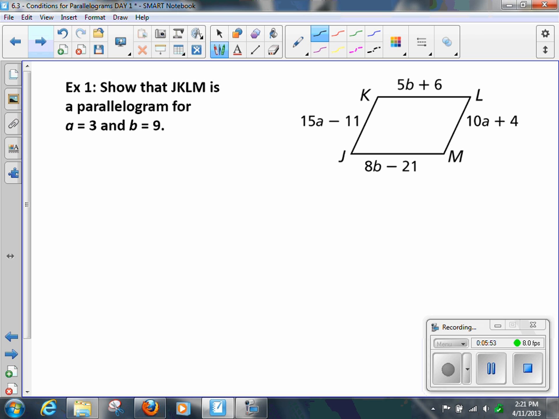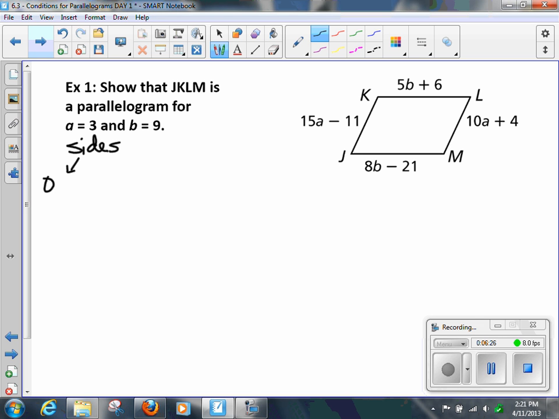Now, look at the way these questions are going to be asked. Flip that over because it's the next page. It says, show that JKLM is a parallelogram for A equals 3 and B equals 9. Look at what information we are given on this picture. Am I given angle information, side information, or diagonal information? Sides. What do I know about the sides?